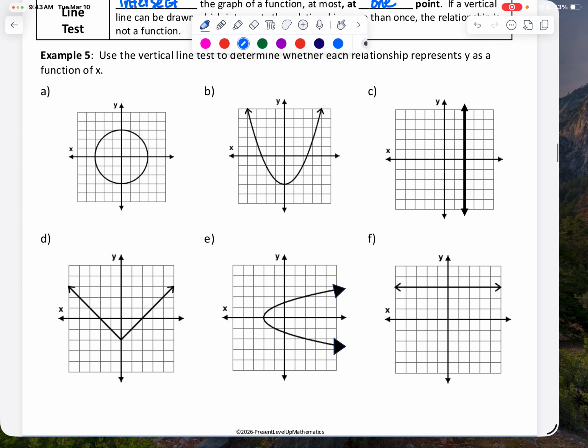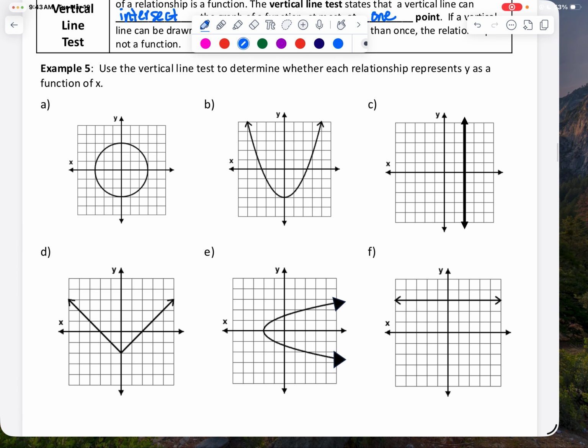So in problem A, it says use the vertical line test to determine whether each relationship represents y as a function of x. In problem A, we have a circle. What we're going to do is draw a vertical line through this circle and see how many times it intersects.